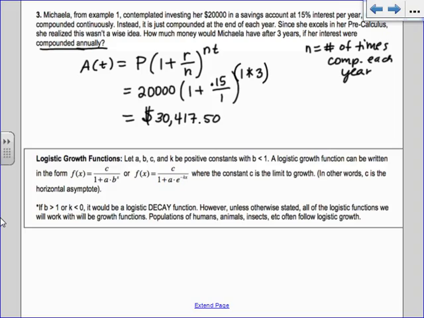Yeah. I wondered too with this example. What did you get? I got 29,000. I don't know. N is the number of times compounded each year.